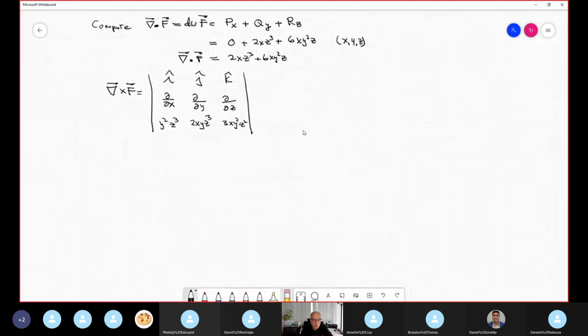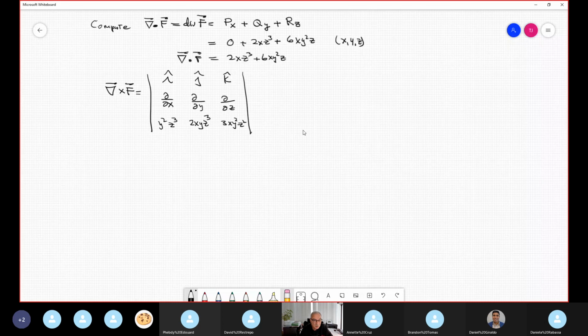Okay, let's do it. I propose the following organization. Put 3 different rows. One row for the i, like that. Because I have this inside parentheses, and you perform the partial derivative of this expression, que es R, with respect to y, entonces es 6xy c squared.